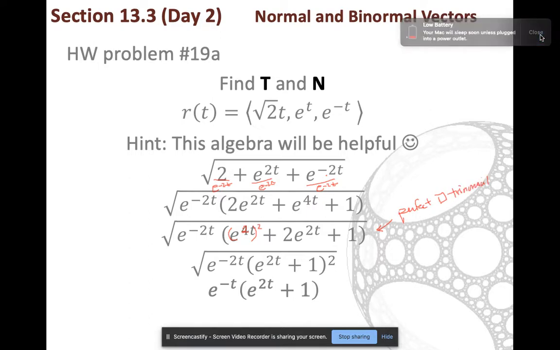And then I'm going to be able to factor this beautifully. And now I have the square root of a product, and this is actually e to the negative 2 squared times something else squared, with the square root. That will undo and get me that. Okay. Kind of cool algebra.